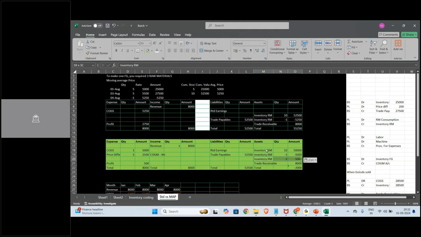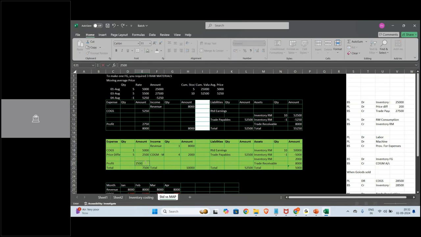For 4 units, what is the price variance? 2000. So 2000 will come here, and your inventory RM for that 2000 will come here. This is the entry that gets passed in the month end. So now you see what is the profit. It should be 2500.